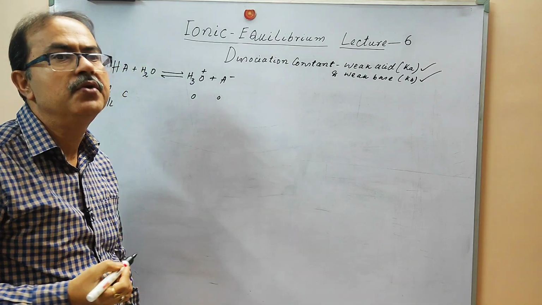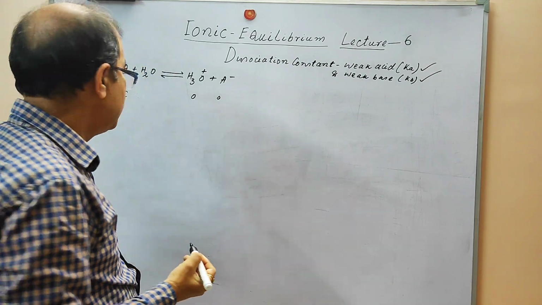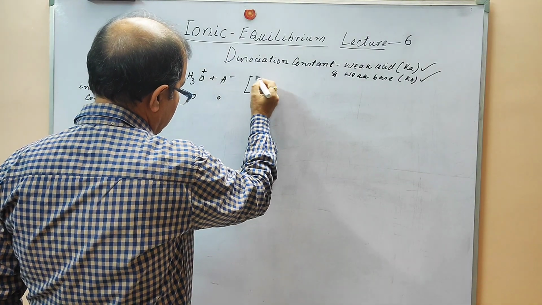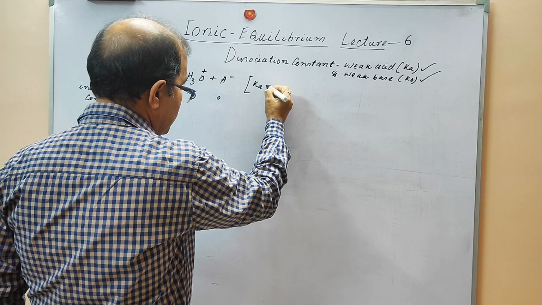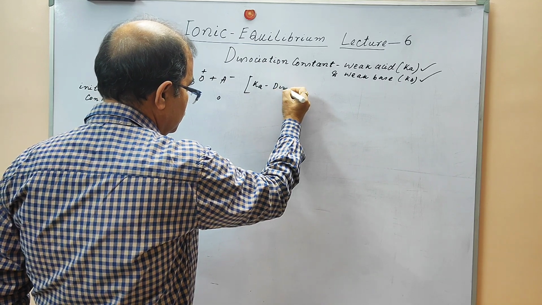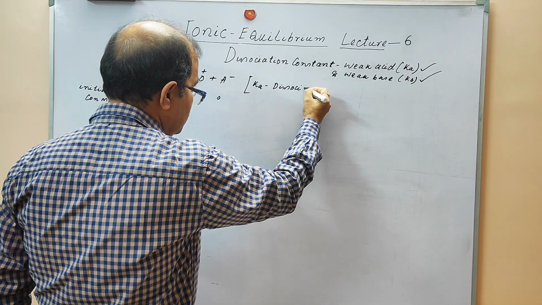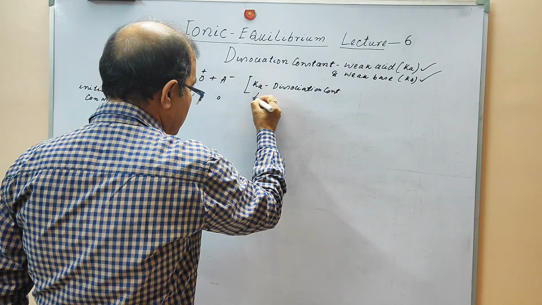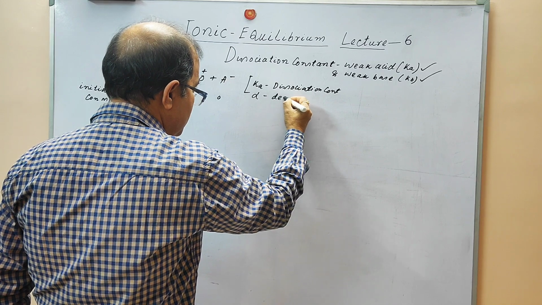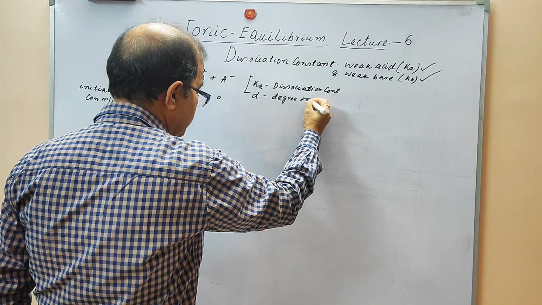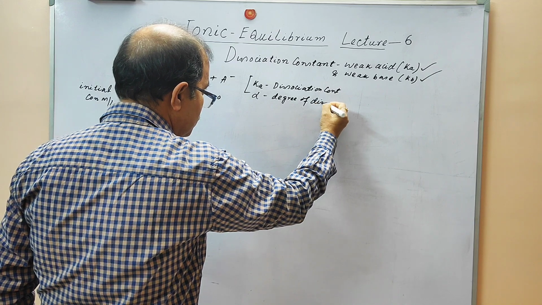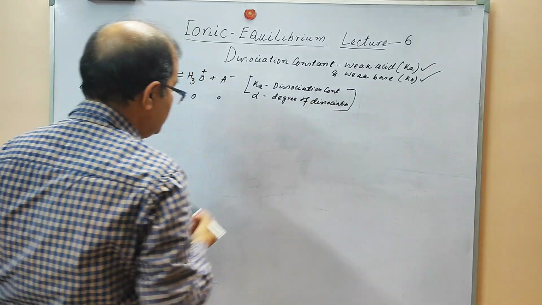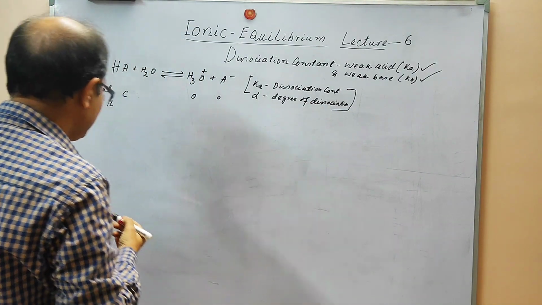After the dissociation, when it attains the equilibrium point, let us take Ka as the dissociation constant of the weak acid, and alpha as the degree of dissociation. Degree of dissociation is a very important factor. So alpha is the degree of dissociation and Ka is the dissociation constant.